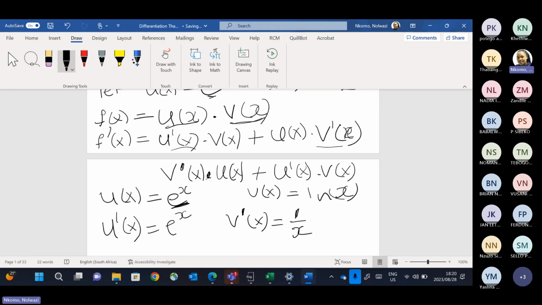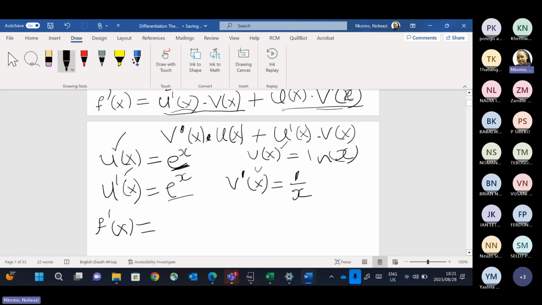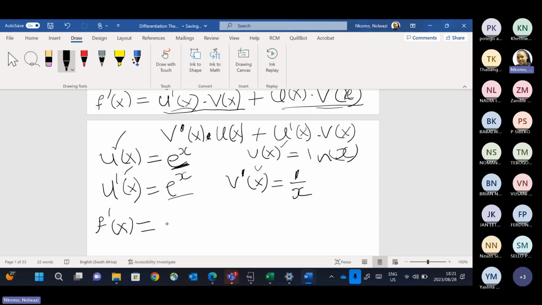Okay, now we have u at x, u prime, v, and v prime. We can just take these and substitute them back here. Okay, and if we do that, this means our f prime at x would be, okay, we have u prime at x as e to the power x.